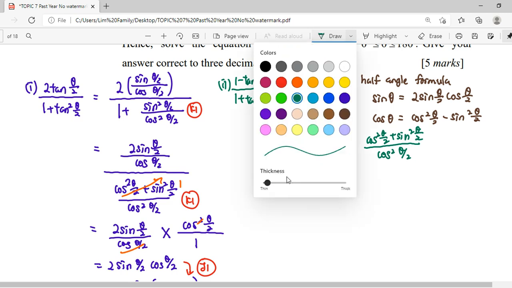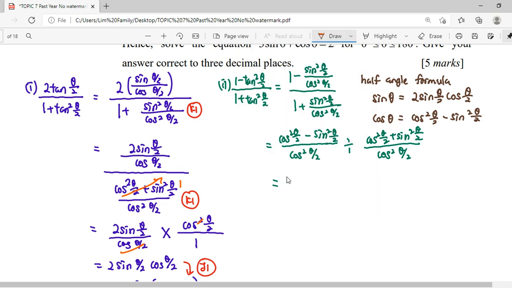Then we can notice that cos square plus sine square we can simplify here, equals to 1. And then when we are doing division by fraction, we can simplify it to multiply and inverse the fraction.